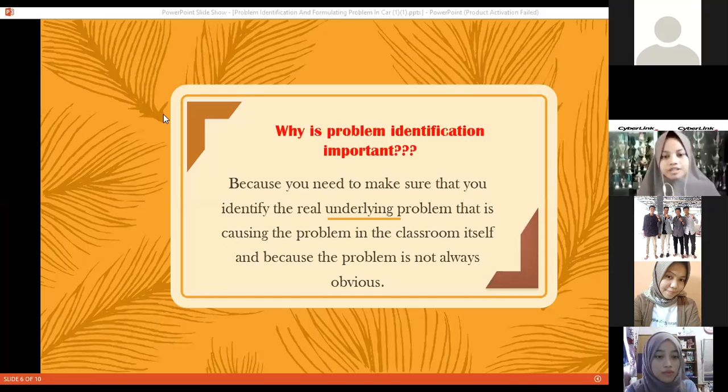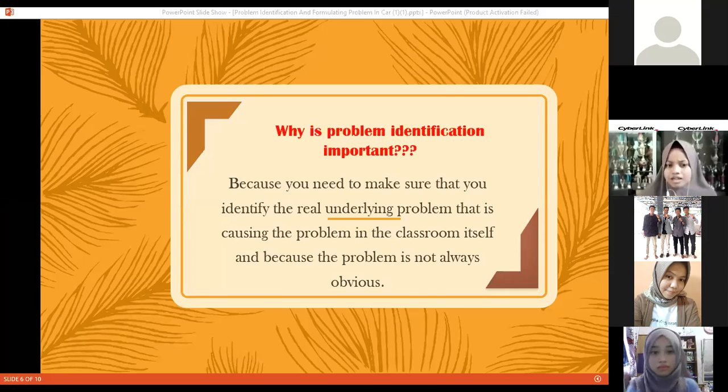Identifying the problem is important because not all problems are easy to solve. In fact, there are problems that are invisible and can only be identified when analyzed in depth. An example is talent conflict in a community.